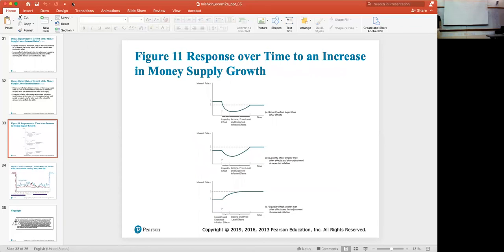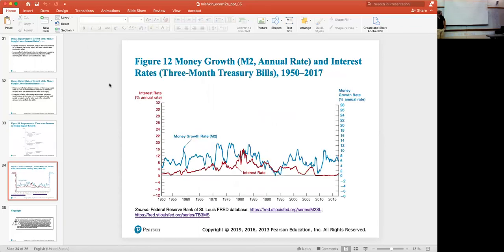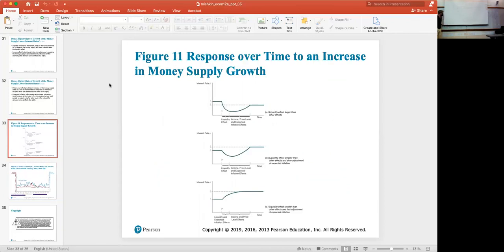So here's three alternatives that are sketched out by your book. And granted, this is very hard to read. Maybe I should just sketch this out, but we'll try it this way. What happens when the Fed increases the money supply?